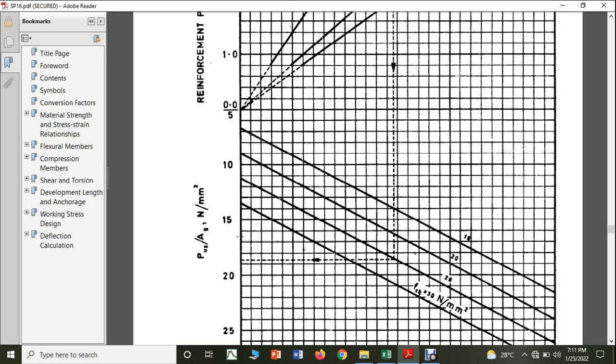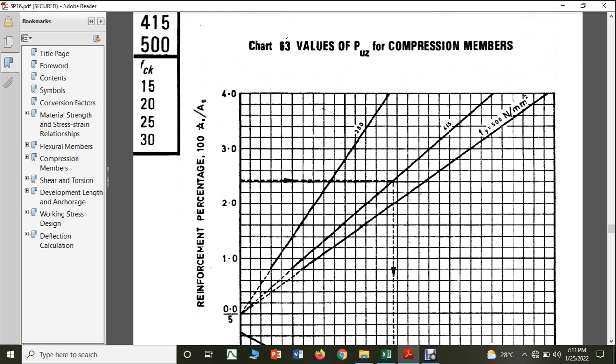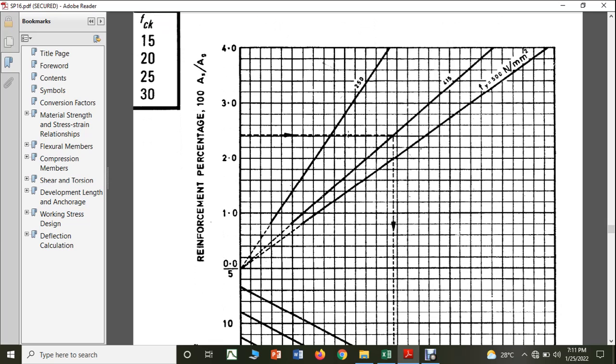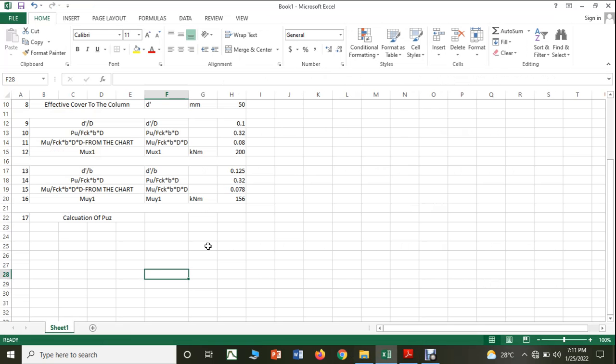So you are going to get the corresponding value of Puz by Ag as 14.2. Like this you are supposed to get from chart number 63. You will know the percentage of steel, so go over to Fe 415. Where it cuts, you go down. According to the corresponding fck value, it cuts the Puz by Ag value, which will give you 14.2 Newton per mm square.